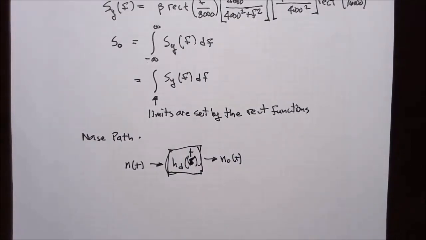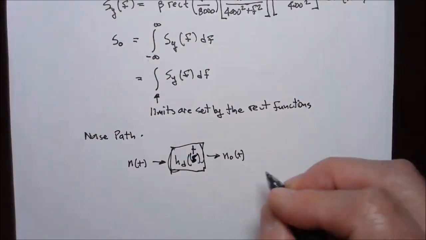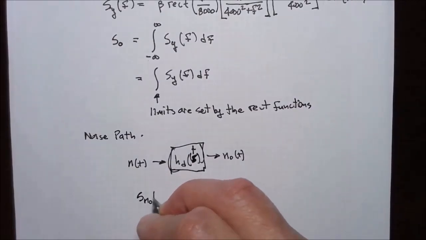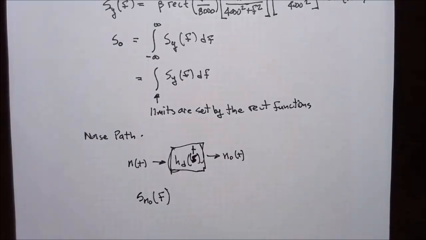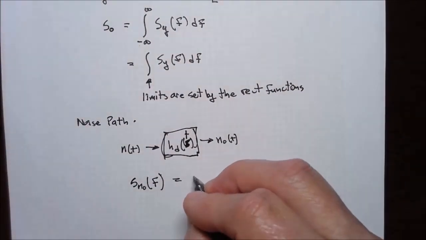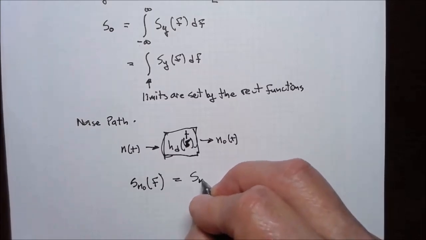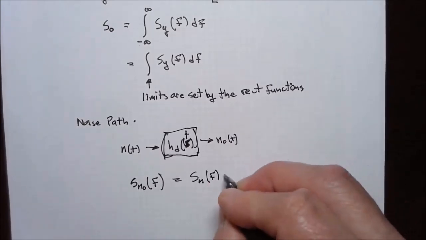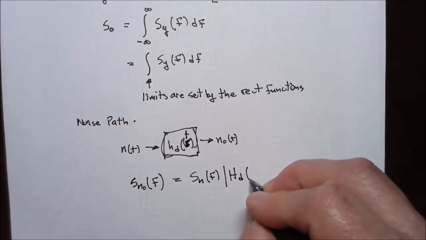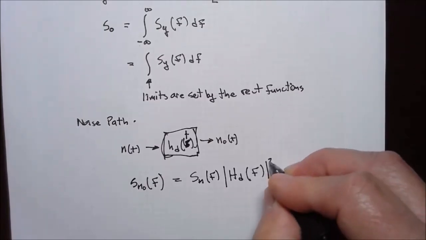The power spectral density of the output noise with respect to f is going to be the power spectral density of the input noise with respect to f times the magnitude squared of H D of f.